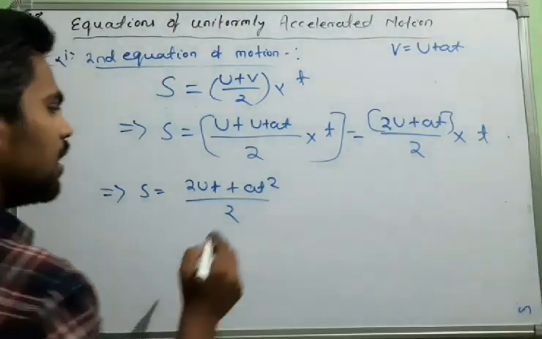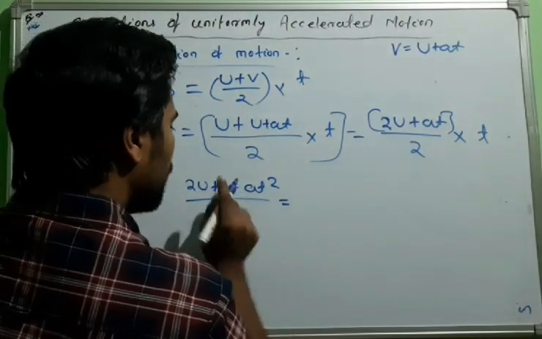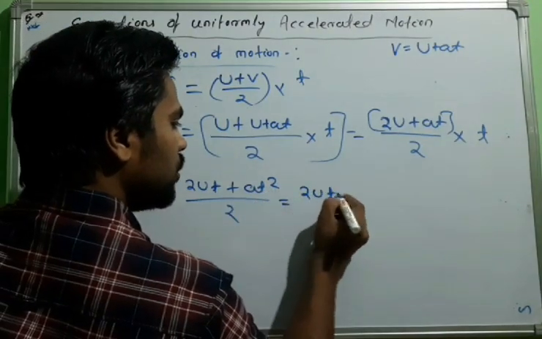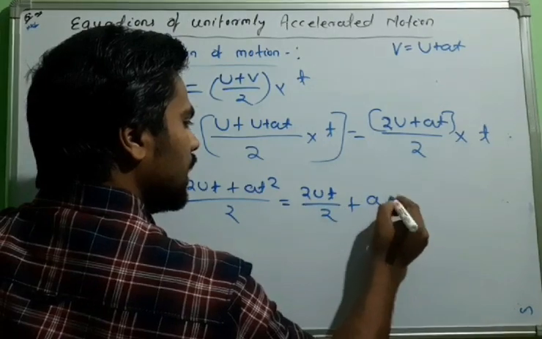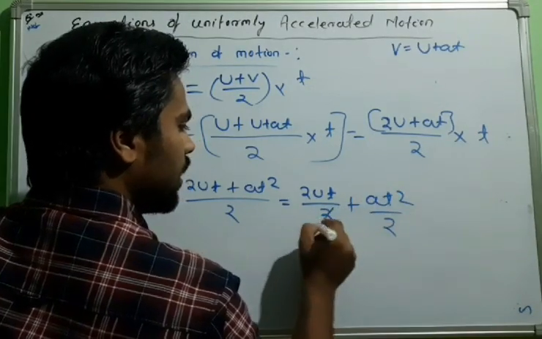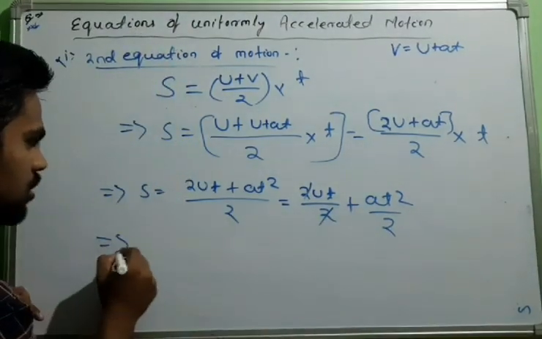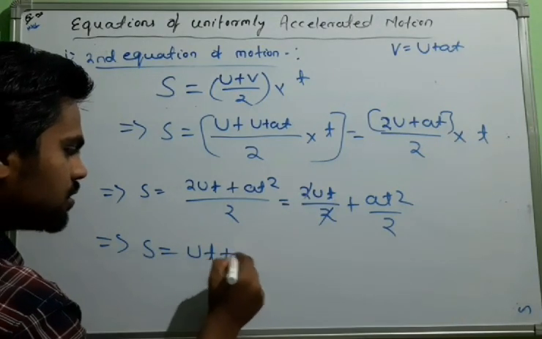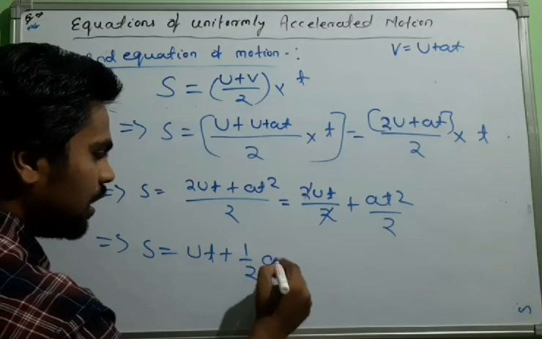Clear or not? Now I can write 2ut divided by 2 plus at square divided by 2. I cross this one. So S is equal to ut plus half, 1 by 2, at square.